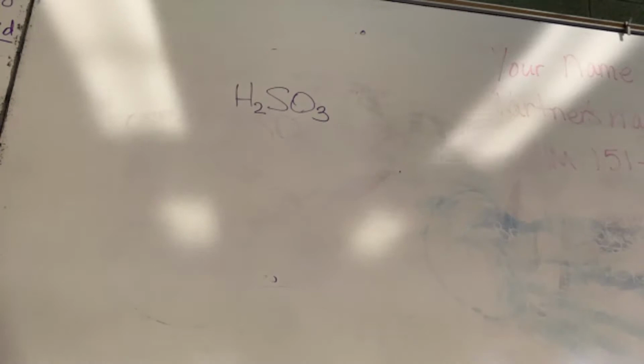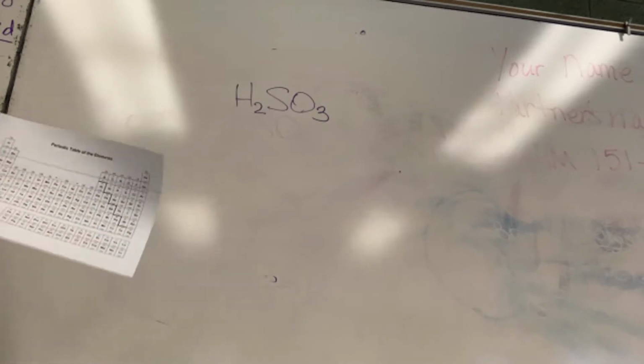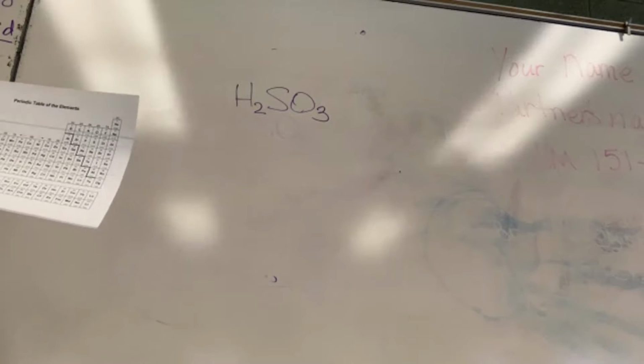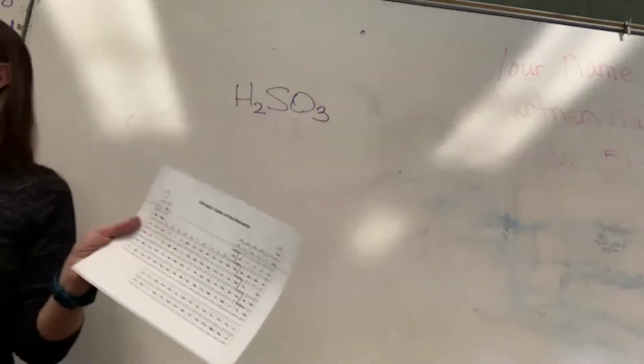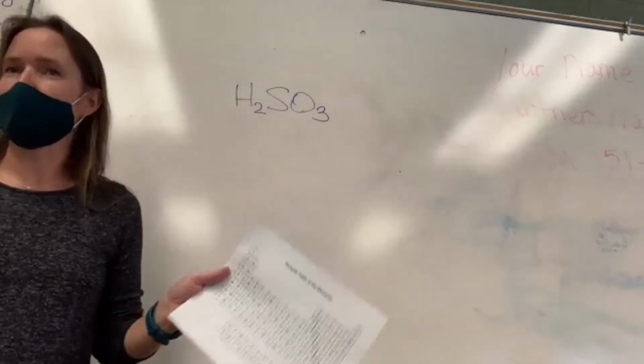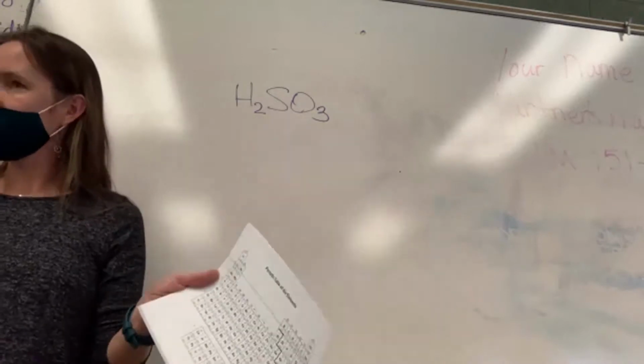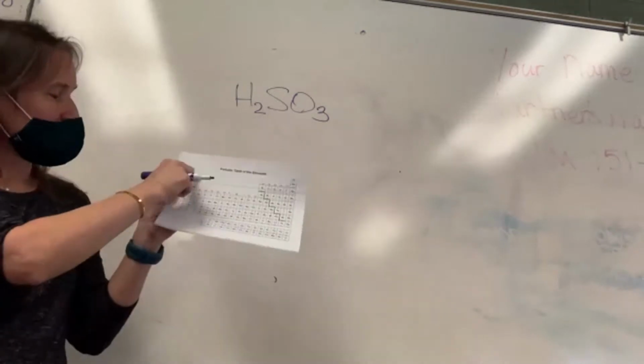Okay. So how do we use the periodic table to find valence electrons? Like for hydrogen and sulfur and oxygen, where are we going to find valence electrons easily without having to do electron configurations? Group number. So the group number is the A number.